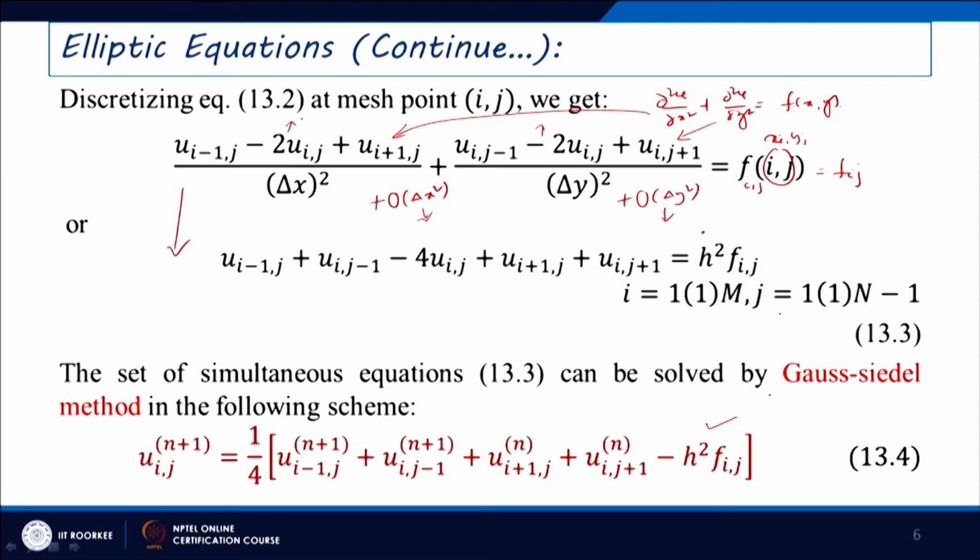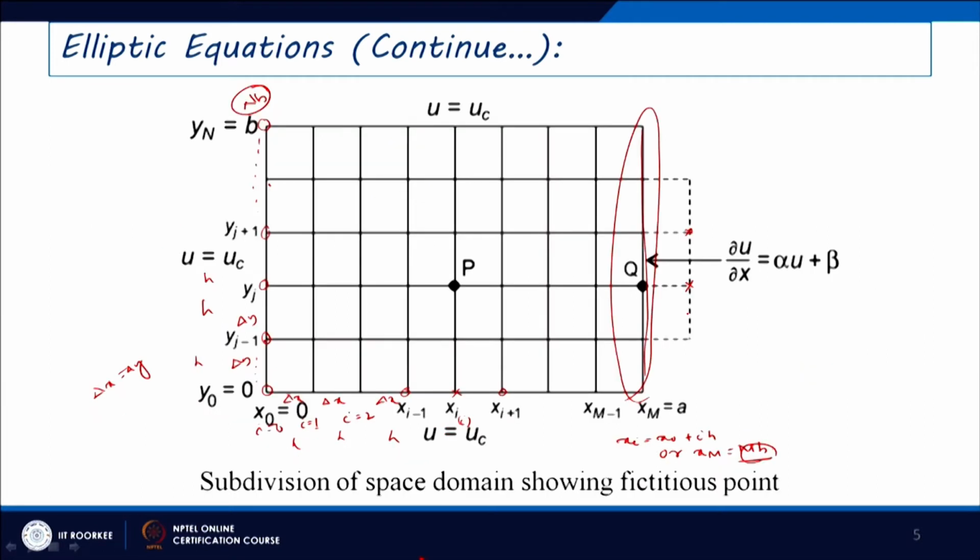In this step, i is varying from 1 to m and j is varying from 1 to n minus 1. Specifically, at the last y boundary we are using a Dirichlet boundary condition, so at the nth step this value is known to us. And y at the 0th level is also known to us.